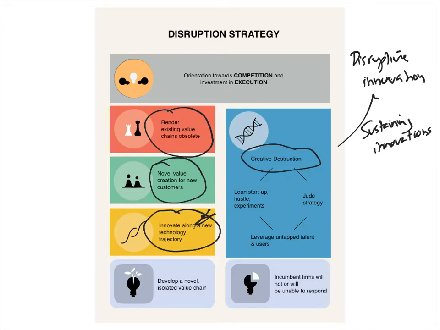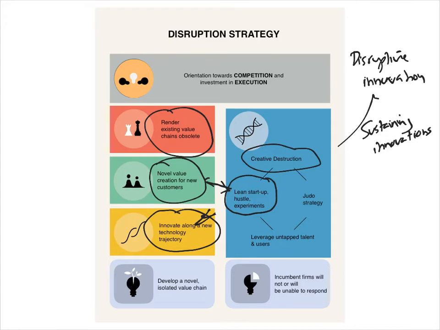So there's a destructive element to it. In terms of what you do internally, this is where the lean startup comes in. This is where that massively iterative experimentation comes in, because you've got to work out what the customer fit is in a completely new environment.